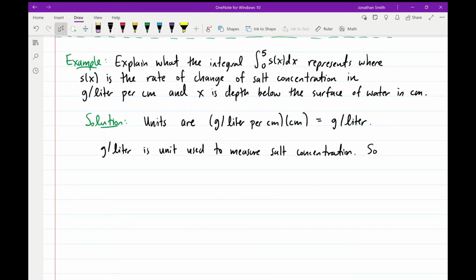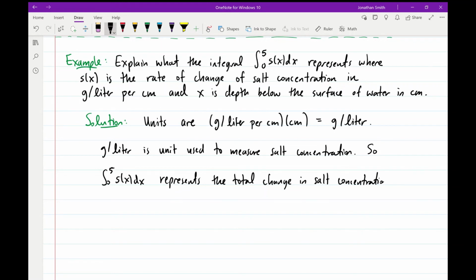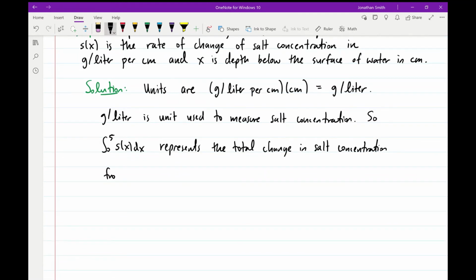Okay, so the integral from 0 to 5 of s of x dx represents the total change in salt concentration from 0 centimeters below the surface to 5 centimeters below the surface.